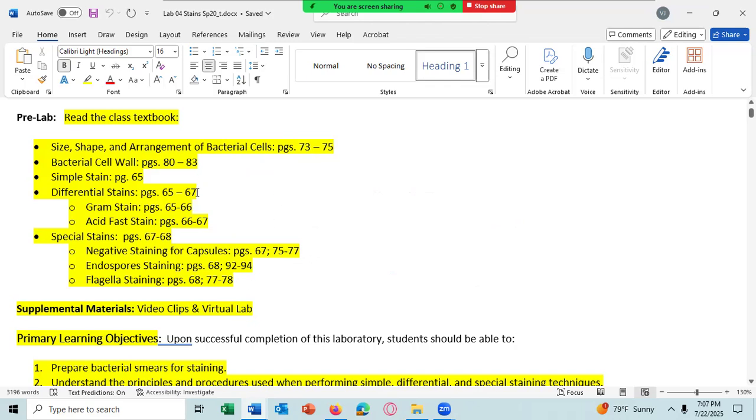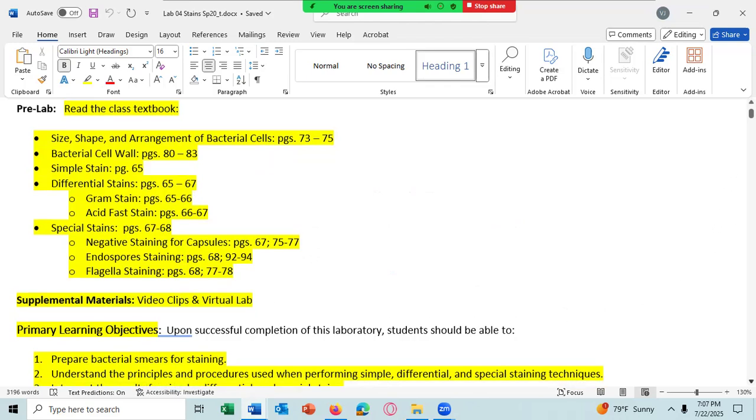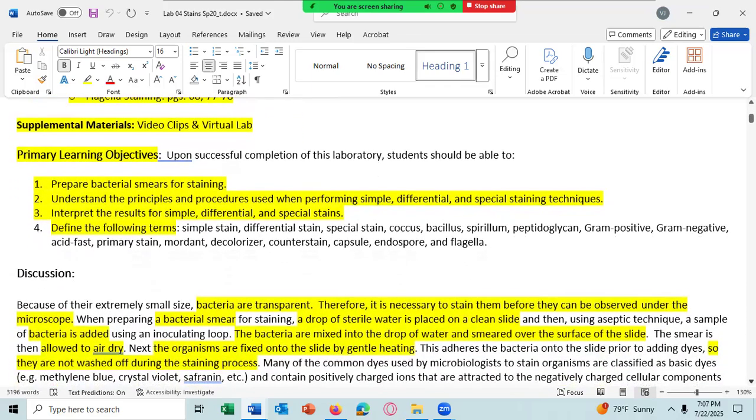There are some video clips in today's lab and a virtual lab. So upon doing this lab, your learning objectives are 1, be able to prepare a bacterial smear for staining. Remember, when you make a bacterial smear, it is not part of the staining procedure.